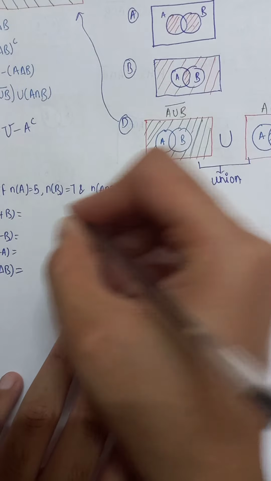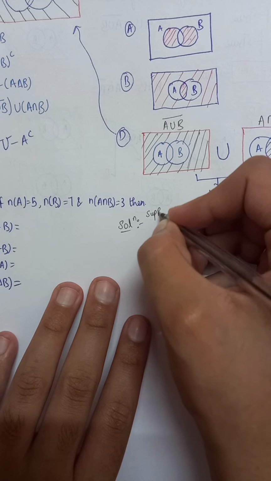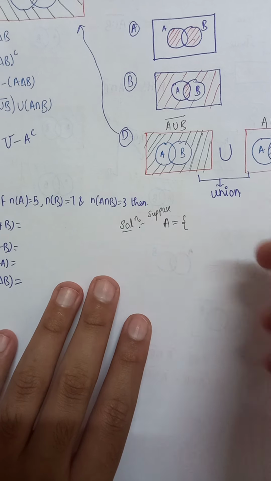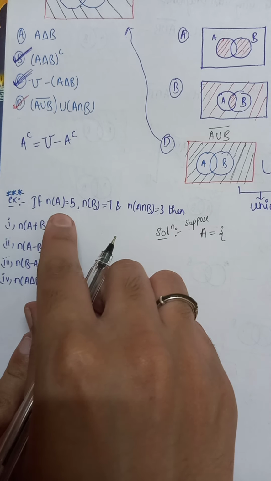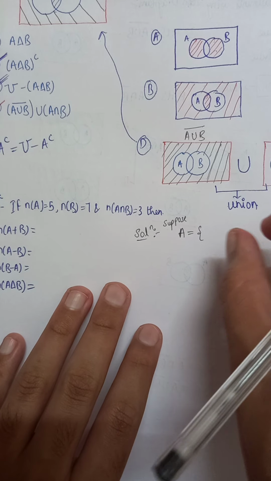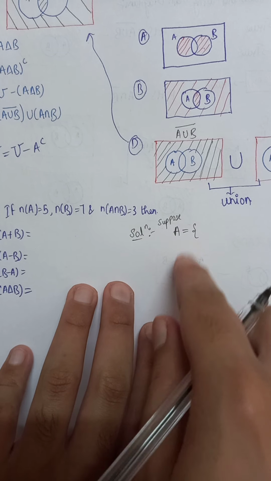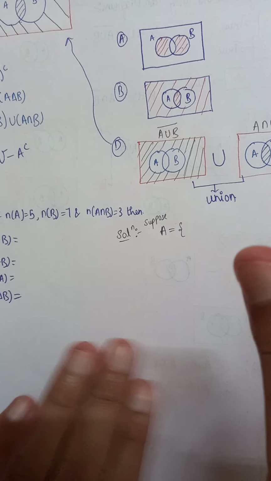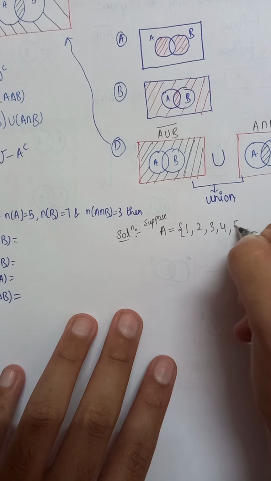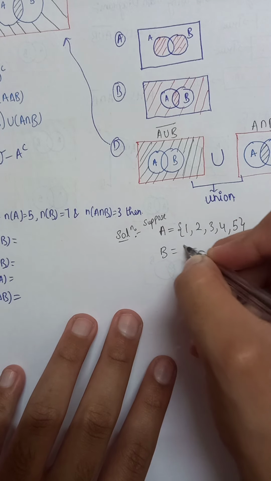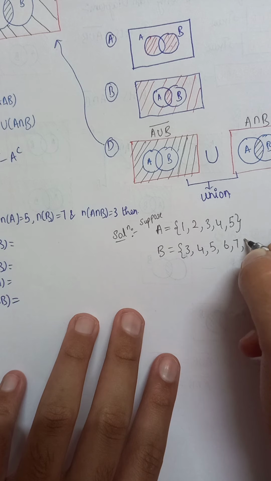By that you will get some confidence. Suppose we take set A according to the number of elements: set A should have 5 elements, set B should have 7 elements, and 3 elements should be common to A and B. So suppose set A is 1, 2, 3, 4, 5. B has 7 elements but only 3 are common, so I take 3, 4, 5, 6, 7, 8, 9.